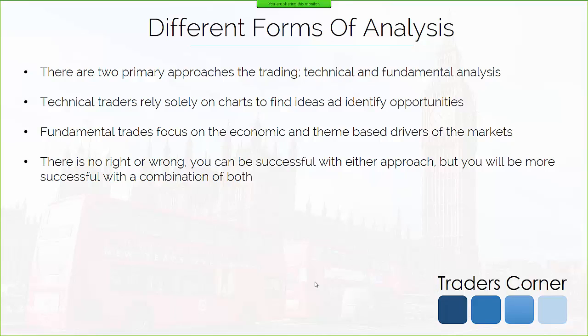Now, there is no right or wrong way. As I said, you can be successful whether you trade just the fundamentals or just the technicals. You can be successful in both. But if you use a combination of both, you're going to be more successful. You're going to be more consistent.